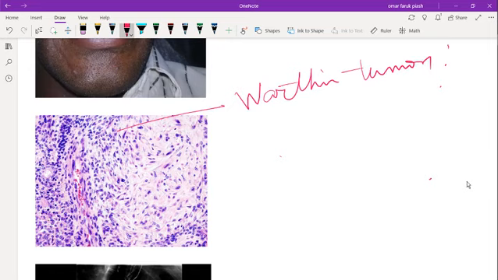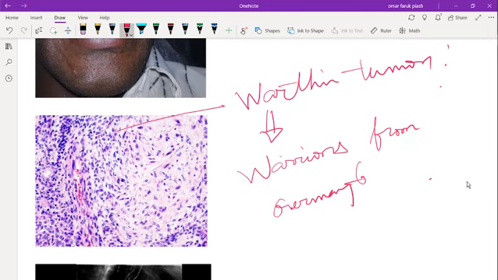Warriors means Warthin tumor, from Germany means germ cell tumor, and love smoking, smoking is the risk factor. So in Warthin tumor, you have to remember that it arises from germ cells, and the most common risk factor is smoking. So that's all about the salivary gland.